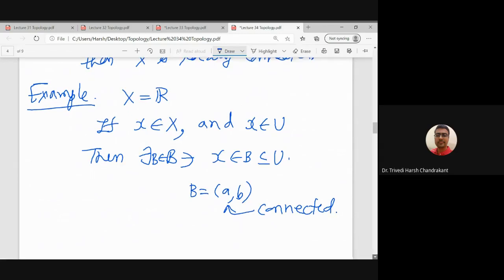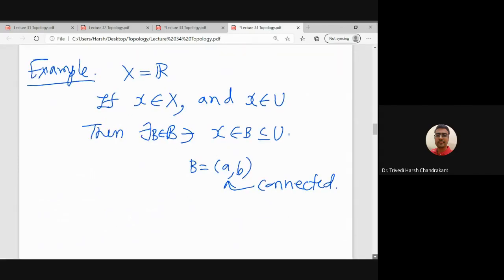Therefore the condition of a locally connected space is satisfied. Therefore R is locally connected.